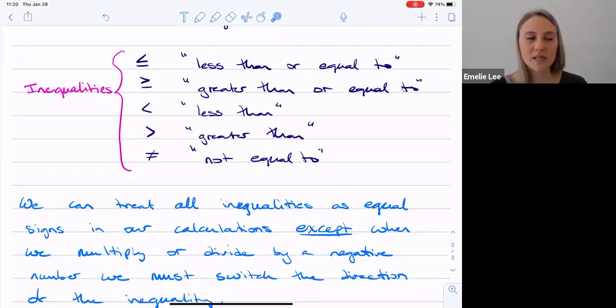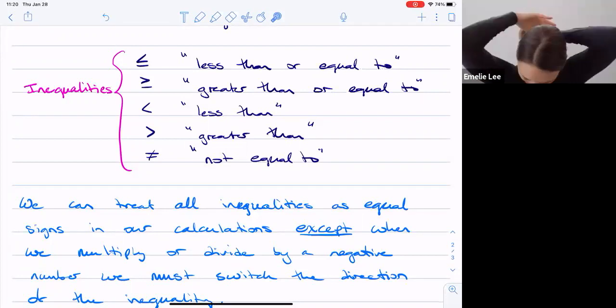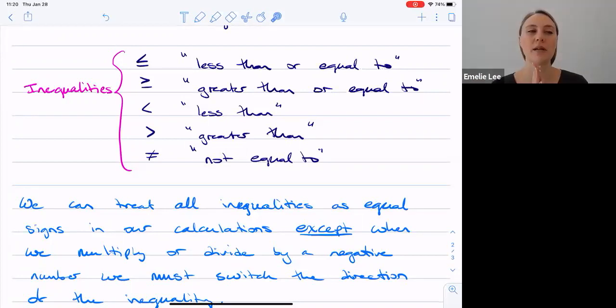So what happens is for these problems, I'm going to keep it nice and simple, so we're always going to have the same types of problems here. I'm going to give you the set of restrictions.